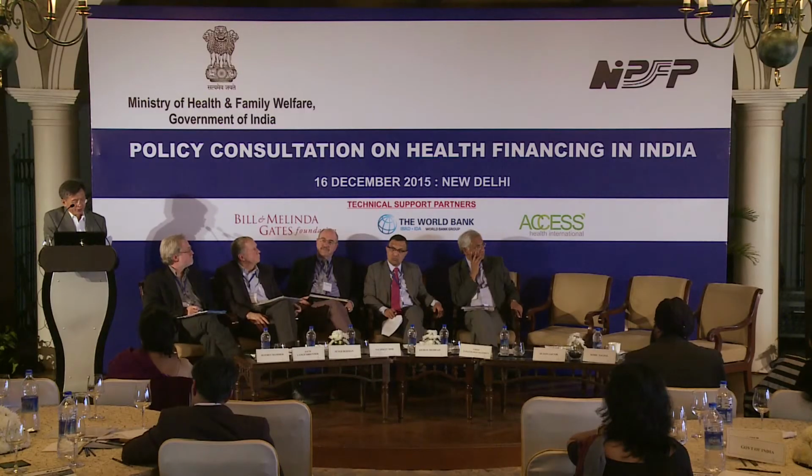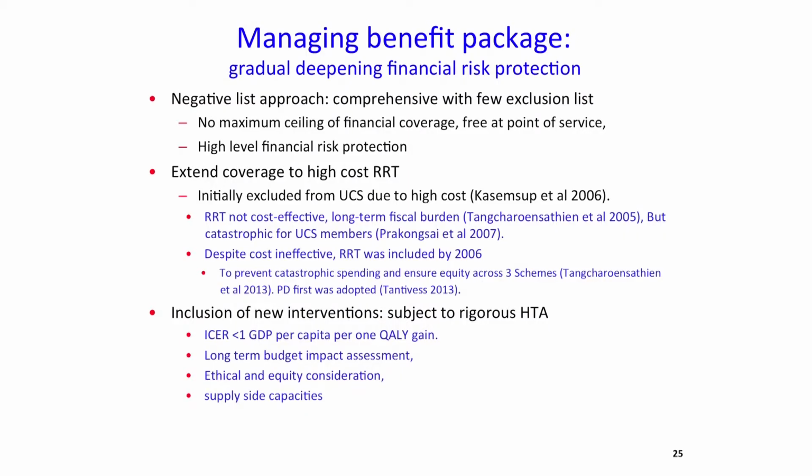The benefit package in 2002 was comprehensive, where a negative list is applied with a small list of exclusions. Later on, renal replacement therapy was made an exception. It is cost ineffective, but it is catastrophic and impoverishing to the household. Dialysis was included in 2006 due to ethical and equity consideration.